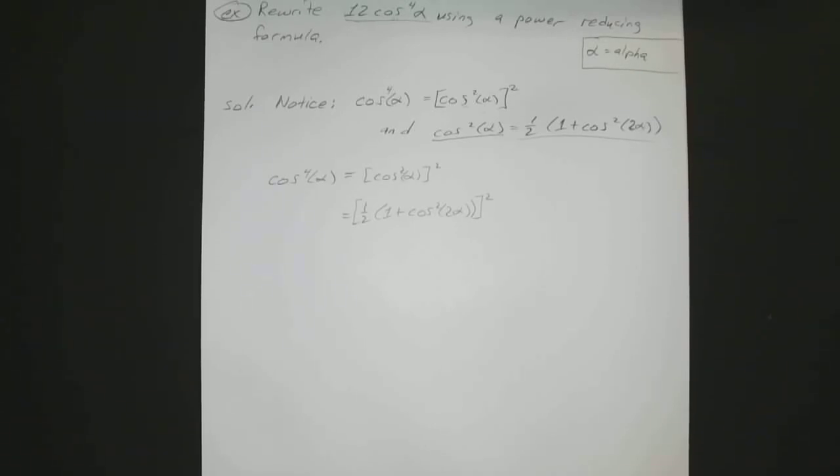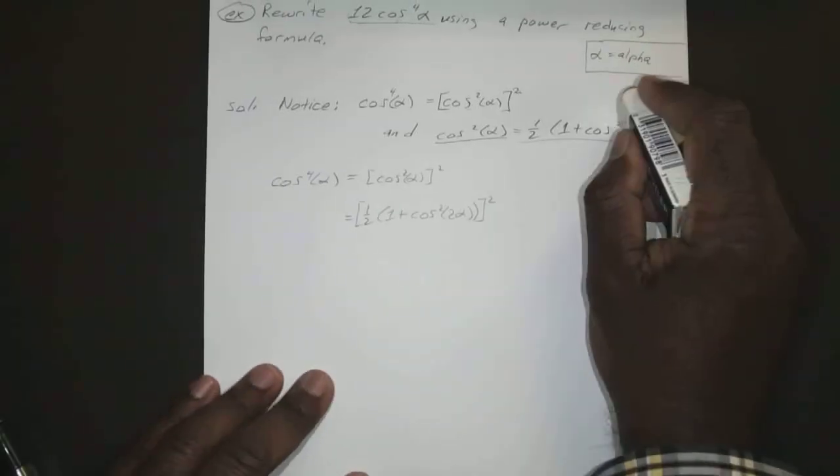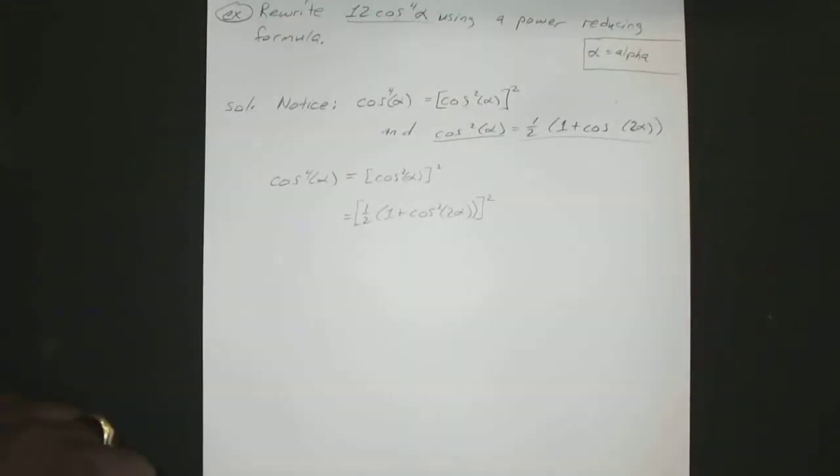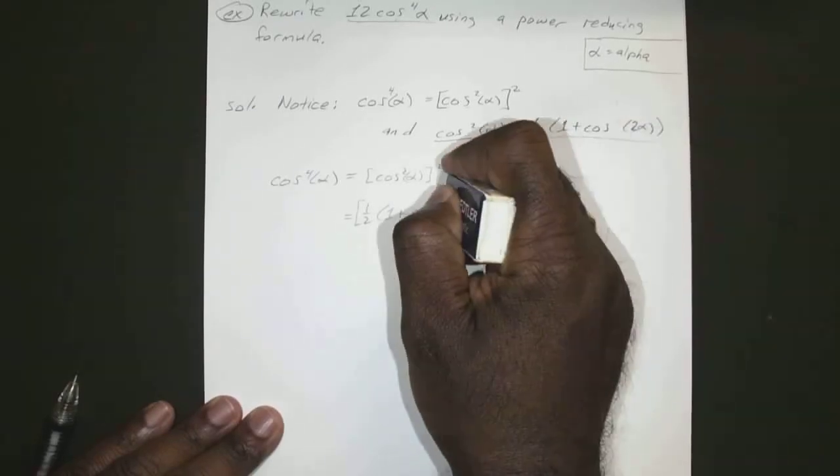Yes. Is it the formula? Isn't it 1 plus cosine of 2 alpha instead of cosine squared? Oh, thank you. Don't know why I put that there. Yep, so it should be cosine of 2 alpha.